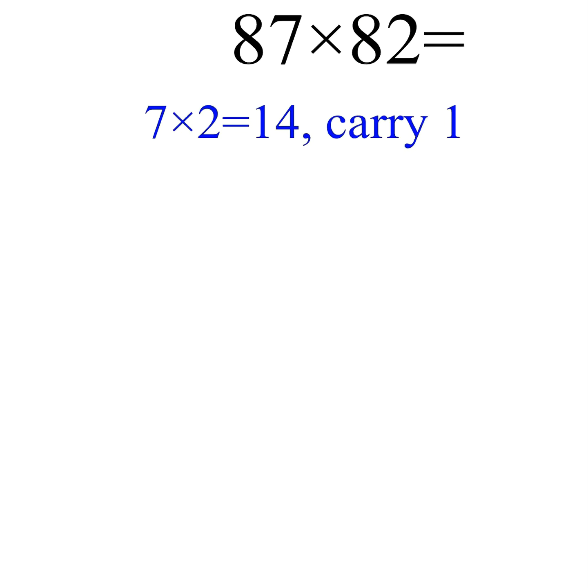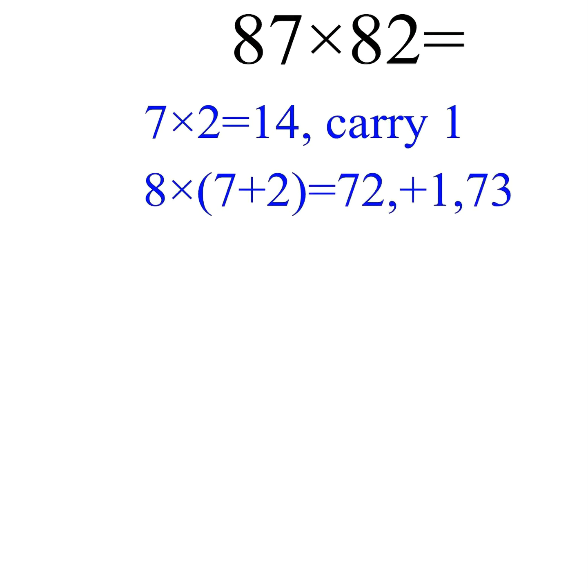and in the next step we multiply 8, which is the common digit, into the sum of the remaining numbers, which are here 7 and 2, and that would be 72. And we add the 1 we carried in the first step, so that would be 73.